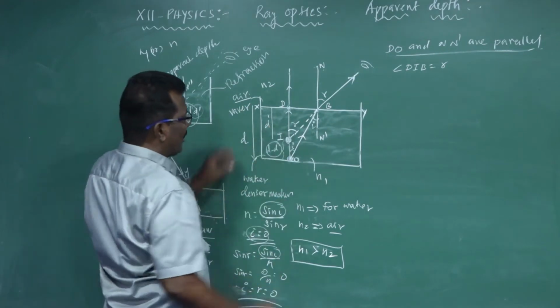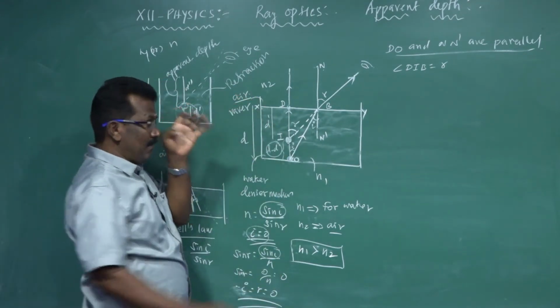Now we are going to calculate the distance d prime using Snell's law.